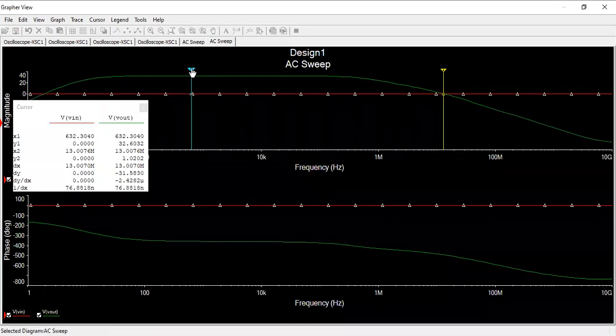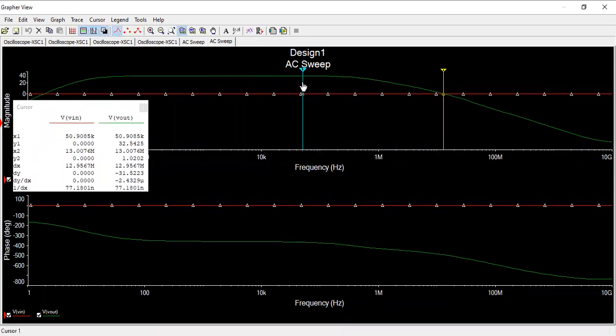You are getting the gain, Y2, is 32.6. That is the gain you are getting, maximum 32.6.